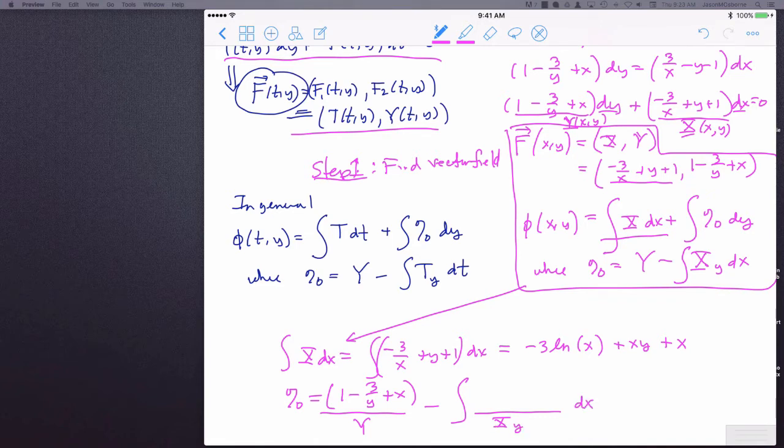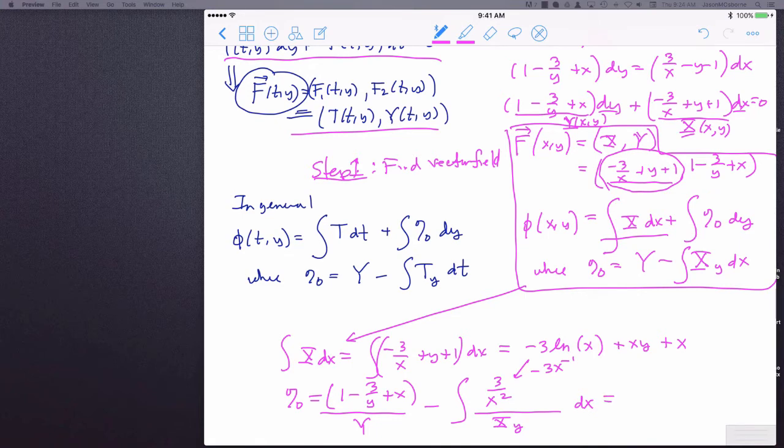So here is our X, and we need to take the partial derivative of this with respect to x, which is 3 over x squared. The partial derivative of -3 over x with respect to x comes from -3x to the -1, and then take the derivative will be 3 over x to the -2, which is 3 over x squared.